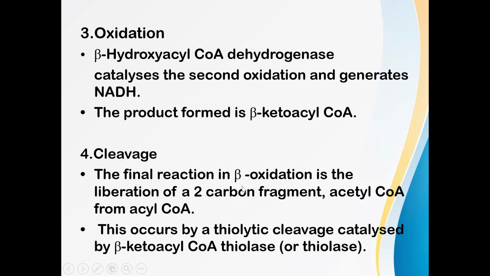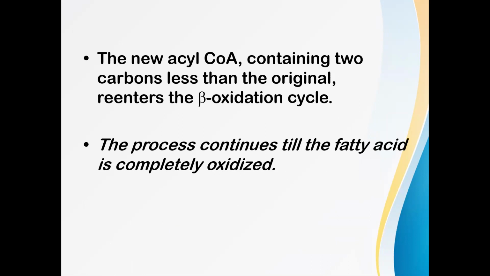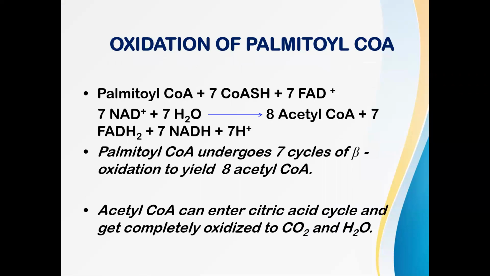Then cleavage leads to the formation of acetyl CoA and acyl CoA. The thiolytic cleavage is catalyzed by thiolase, also referred to as beta ketoacyl CoA thiolase. The new acyl CoA containing 2 carbons less than the original re-enters the beta oxidation cycle. This process continues till the fatty acid is completely oxidized to carbon dioxide and water.